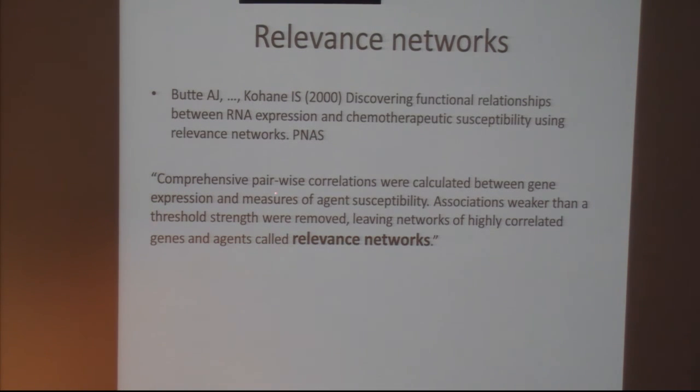Comprehensive pairwise correlations were calculated between gene expression and measures of agent susceptibility. Associations weaker than a threshold were removed, leaving networks of highly correlated genes and agents called relevance networks. Sounds very straightforward. We do all the correlation coefficients among all these vectors that we saw before, and whenever this is not 0 or larger than some threshold, we draw an edge, and that's the network.